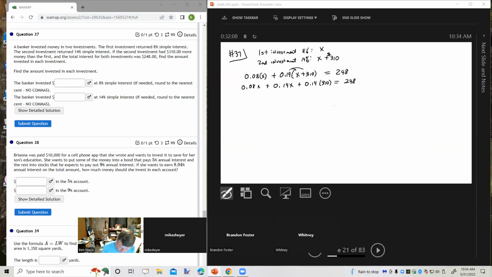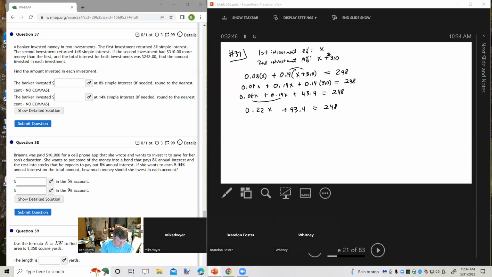All right, 0.08x plus 0.14x plus, let's see, if we take 0.14 times 310, we get 43.4, and that equals 248. Combining like terms on the left side of the equation, 0.08 plus 0.14 would be 0.22x, I believe, plus 43.4 equals 248.